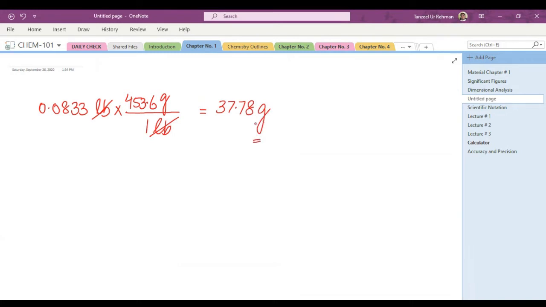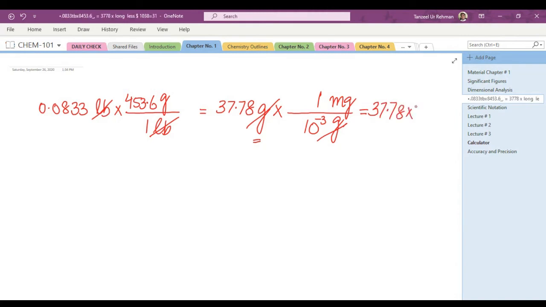So change gram. What will you do? Gram down and milligram up. We know that 1 milligram is equal to 10 to the raised power minus 3 gram. Gram will be cancelled with gram. When we use calculator, 37.78 into 10 to the raised power minus 3 down, when it goes up, it becomes plus 3 milligram.